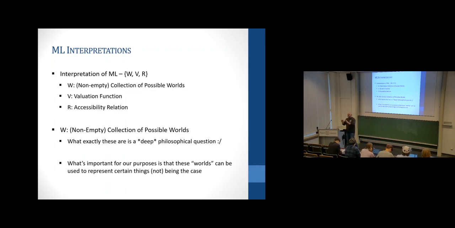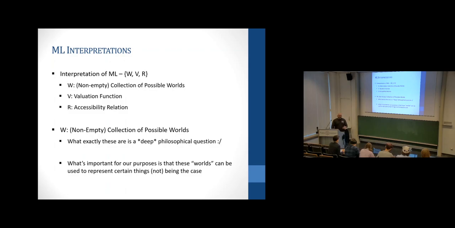We're going to go through those one by one, but basically, to build an interpretation of ML, you have to give all 3. Super roughly, W is going to be your locations, your places of assessment. V is going to tell you what non-modal sentences are true at various worlds. And R gives you the relationship between the various worlds.